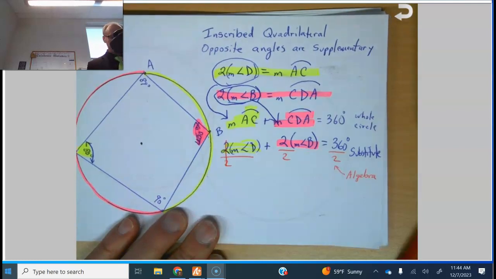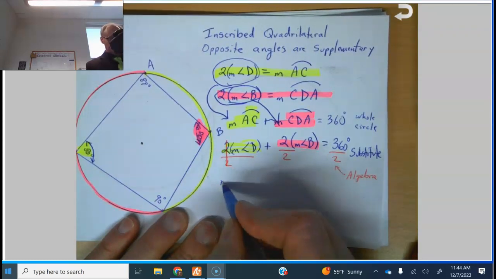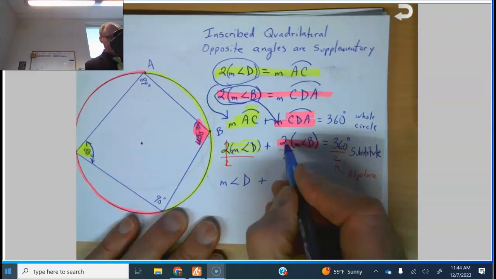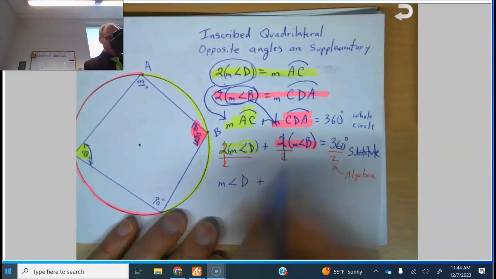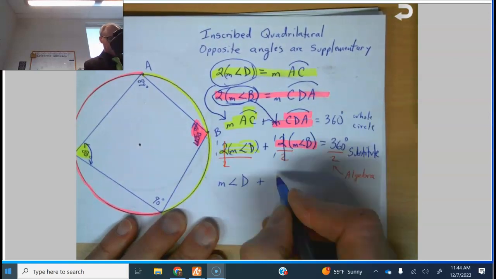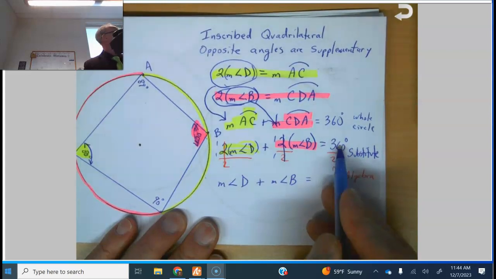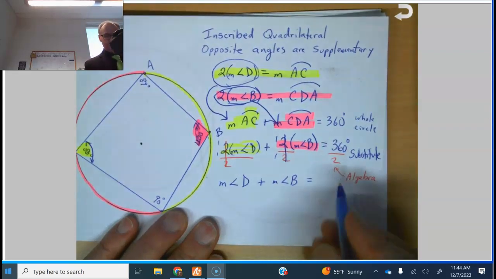That gives you the measure of angle D by itself plus the measure of angle B by itself, because those cancel out and give you 1s. 360 divided by 2? 180.